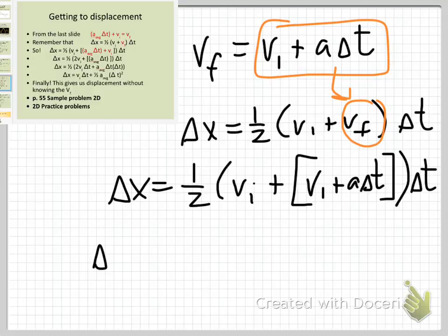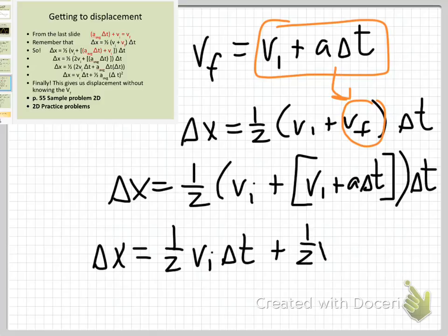So what we'll end up with is delta x equals 1/2 VI delta t plus 1/2 VI delta t plus 1/2 A delta t squared. Okay, there we go.